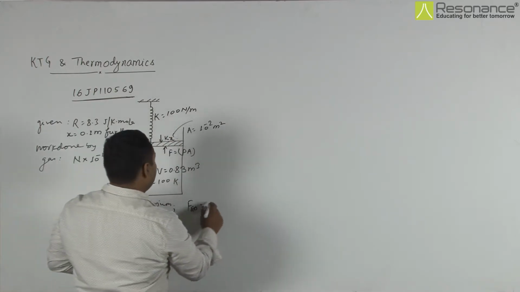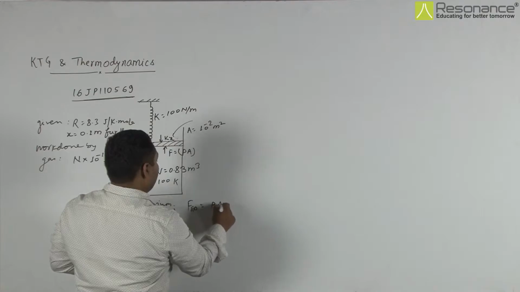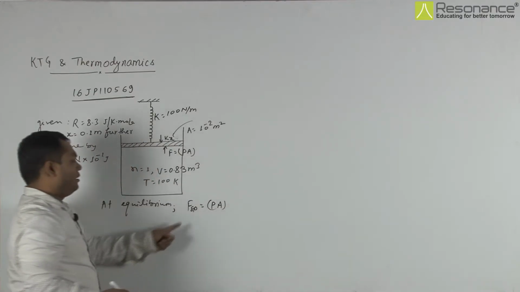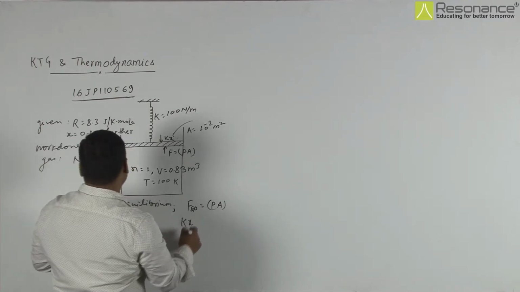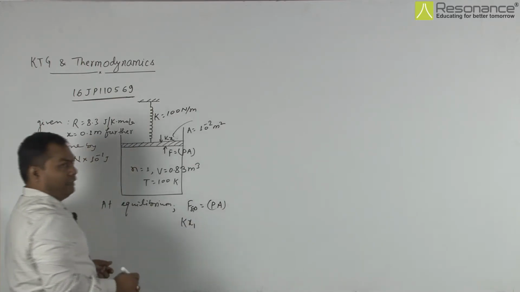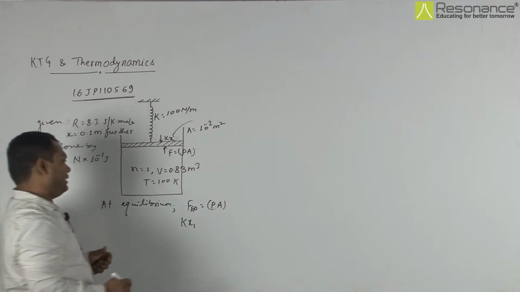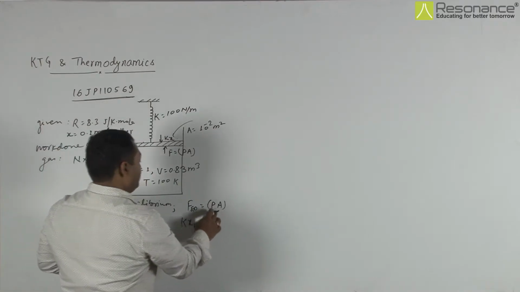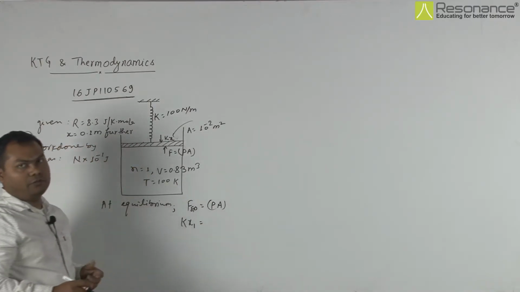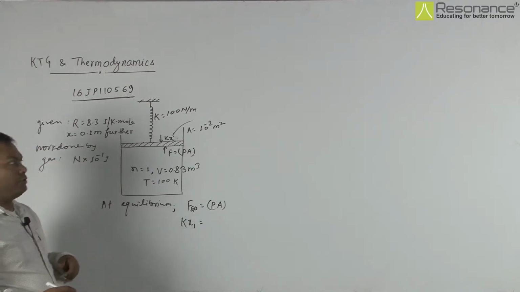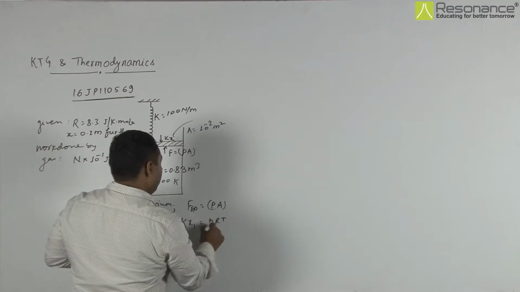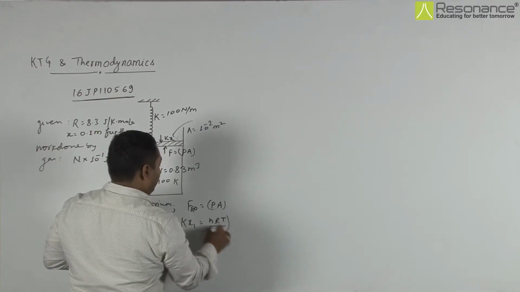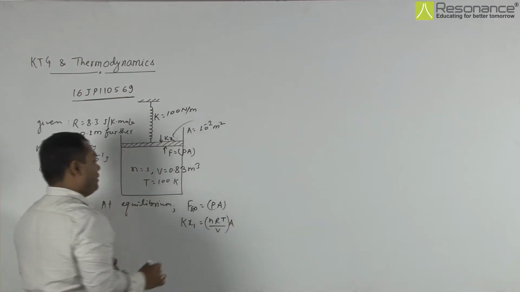F spring is Kx. Let us suppose this is x1 compression, so Kx1 will be equal to pressure times area, and from the gas equation PV equals nRT, pressure will be nRT upon V, so nRT upon V multiplied with area A.